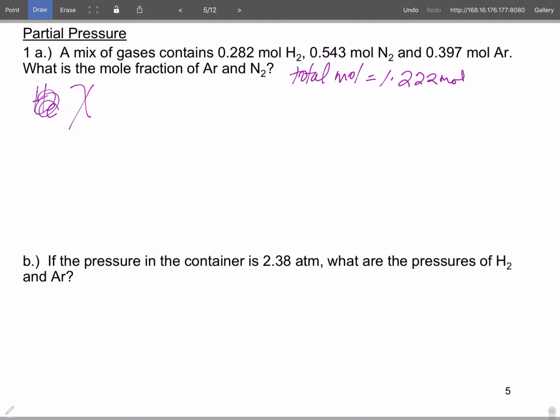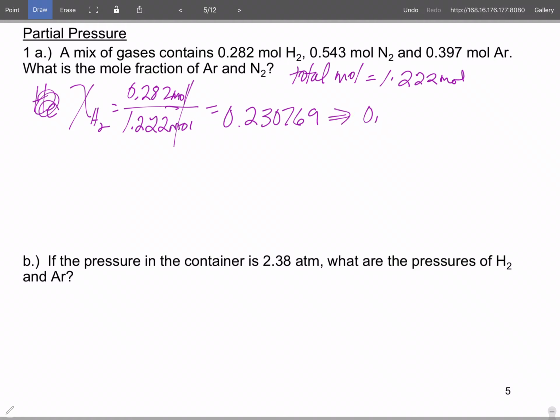So the mole fraction of hydrogen would be equal to 0.282 over 1.222. Now, it's moles over moles, so when you get a mole fraction, you just end up with a number. So you end up with 0.230769. If we're doing 3 significant figures, that'd be 0.231.